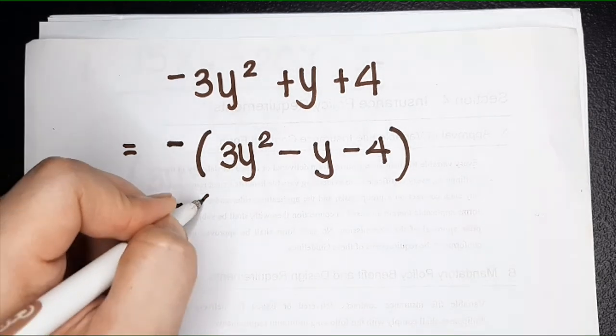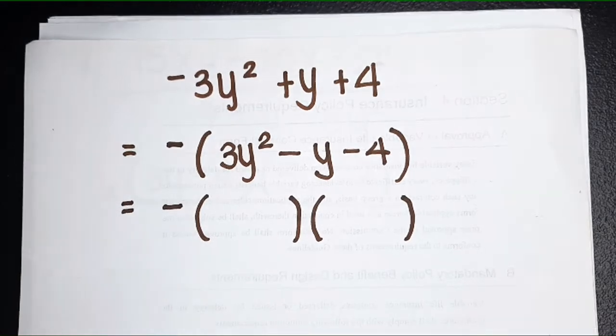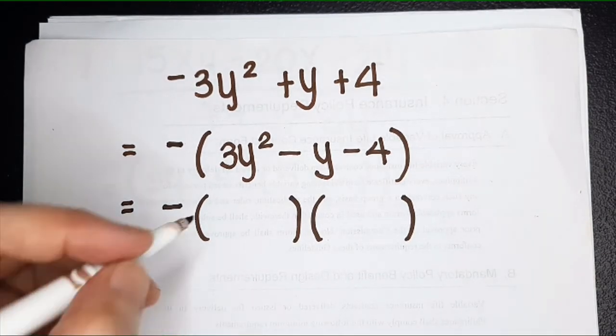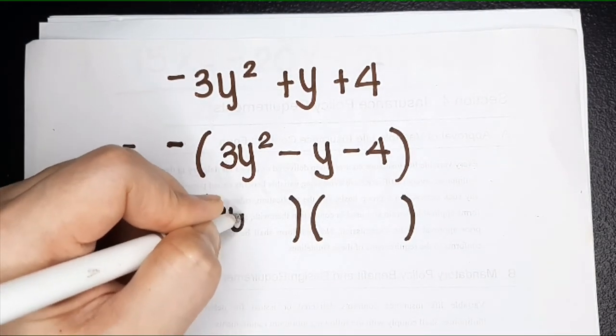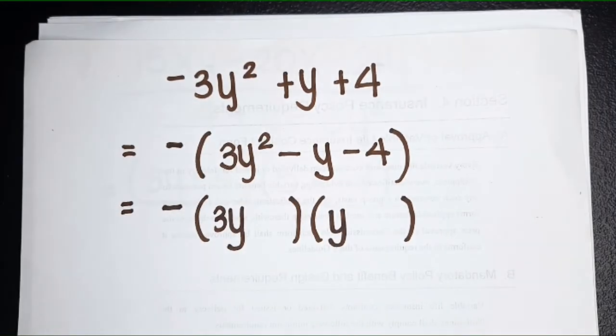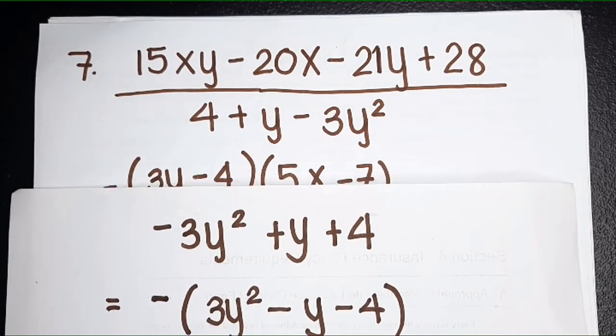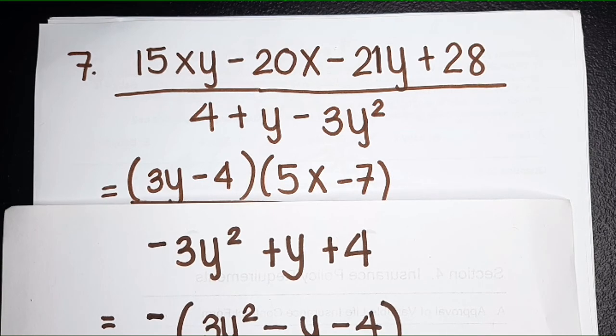Negative. And then, you factor that trinomial. So, ito siguro 3y. Tapos, ito y. Okay? Tapos, nasan ba yung hint natin? Tingnan ninyo ang numerator. Nasan ang numerator? Yun. Merong 3y. At minus 4 ang kapartner niya.